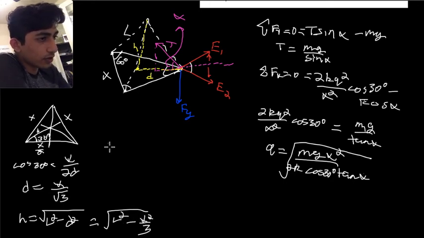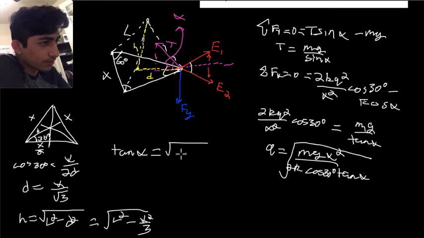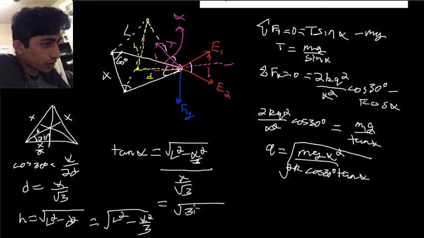And so tangent alpha becomes H over D, so that H is this, all divided by x over root 3. Simplifying, we get root 3L squared minus x squared all over x.